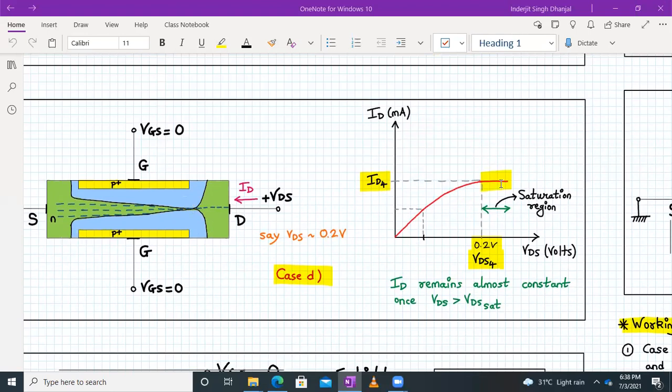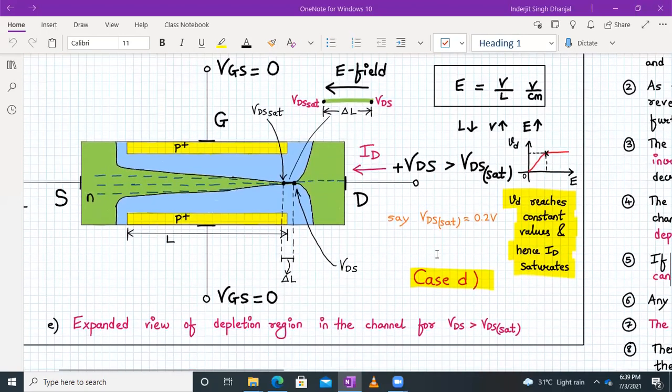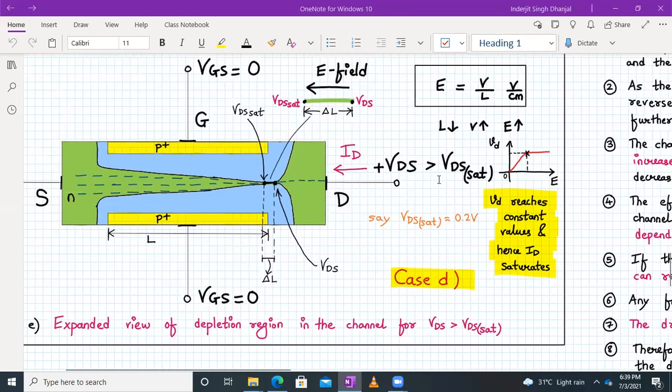At this saturation condition, the drain to source voltage has reached the saturation voltage VDS sat, and now the current has become independent of the supply voltage VDS. It remains constant throughout, and we have seen in detail why it happens. Because the electric field has reached the critical value, the average velocity of the carriers has also reached a constant value. So the carriers coming out of this small depletion region have a constant velocity. Hence, the current remains constant.